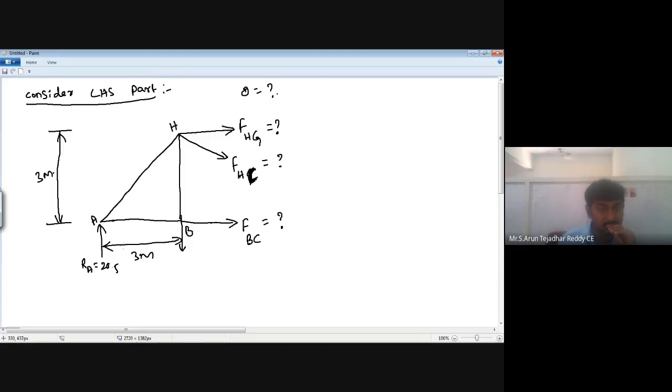In the mathematical point of view, your base is equal to height, so apply tan inverse of 3 by 3. Then it is 45 degree. So right here the corresponding angle is 45 degree.